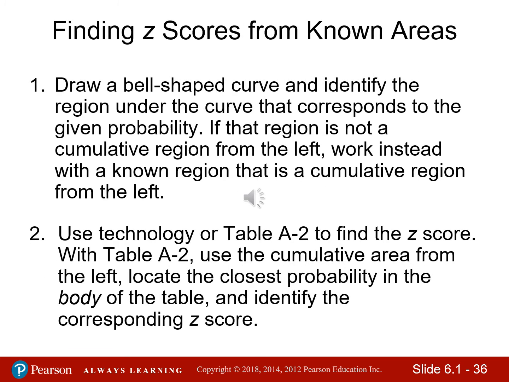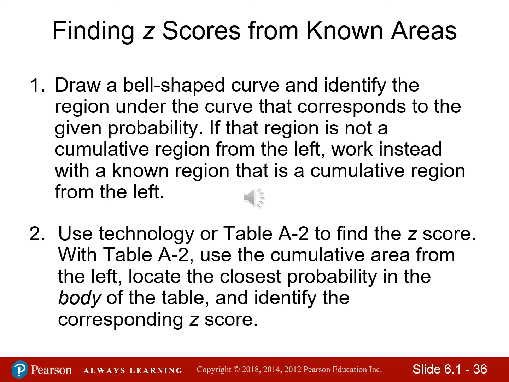Now let's consider how we might find a z-score given that we know the area. The first thing is to draw a bell-shaped curve and identify the region under the curve that corresponds to the given probability or to the known area. If that region is not a cumulative region from the left, work instead with the known region that is a cumulative region from the left.